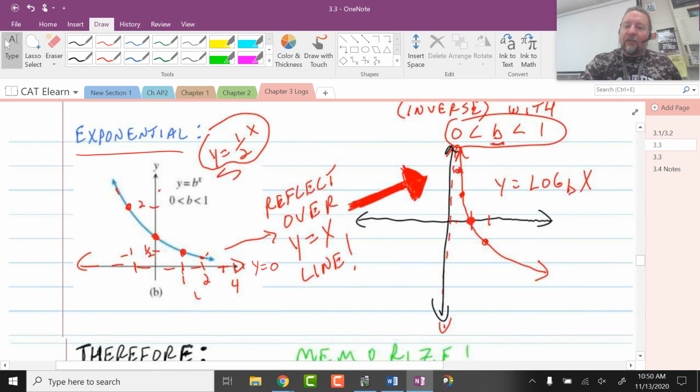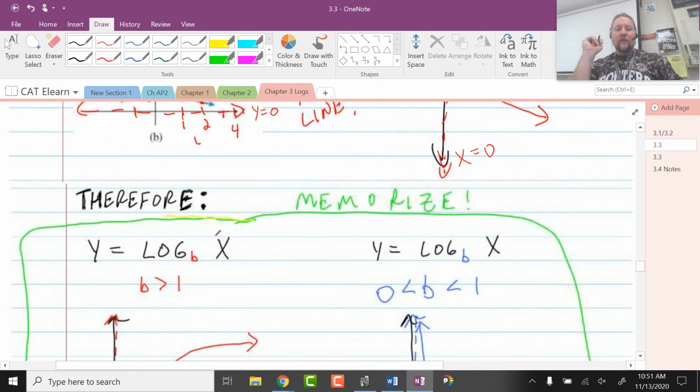And this is actually the specific graph y equals log base half of x. I switch 1 comma half and I get half comma 1. I switch negative 1 comma 2 and I get 2 comma negative 1. And the graph goes like this. There was a vertical asymptote at x equals 0, not y equals 0. Okay? So that is what's going on with the logarithm.